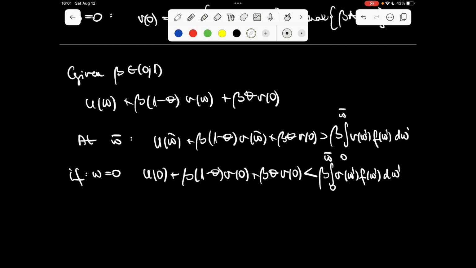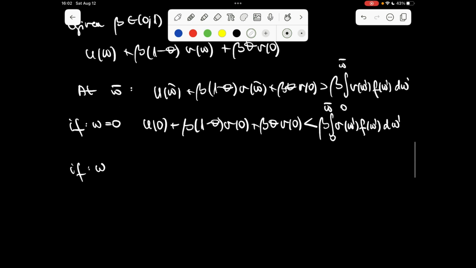Okay, and if we are at the maximum wage, the opposite is true.